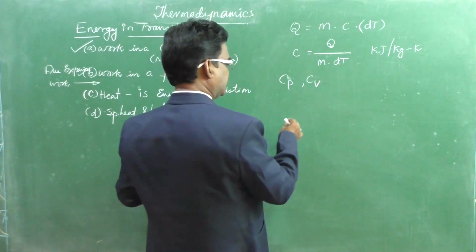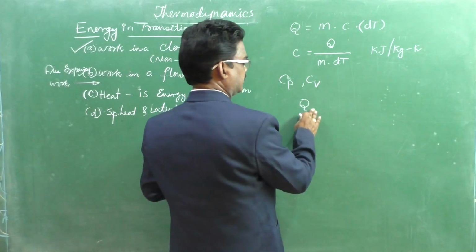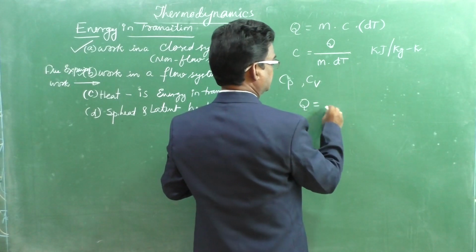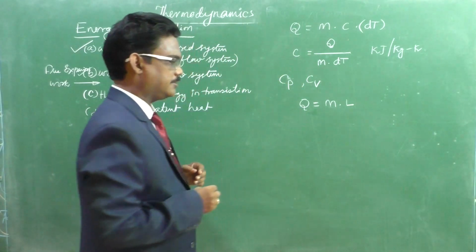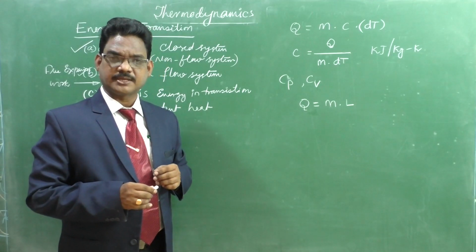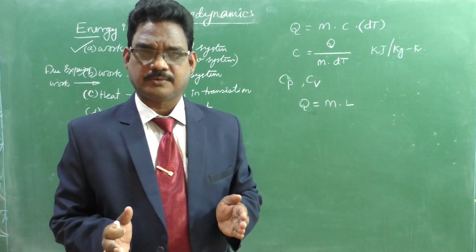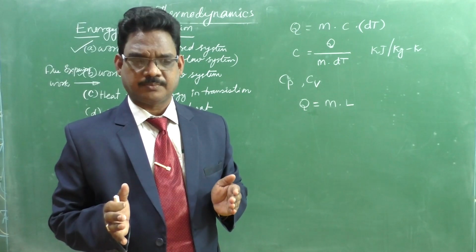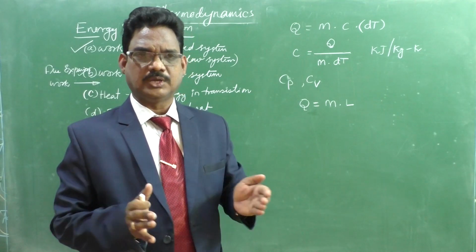Therefore latent heat, QL, the total heat energy, is equal to mass into latent heat, L. M into L. Latent heat per kg is the amount of heat energy required for unit mass of gas to change its state from liquid to gas or solid to liquid.